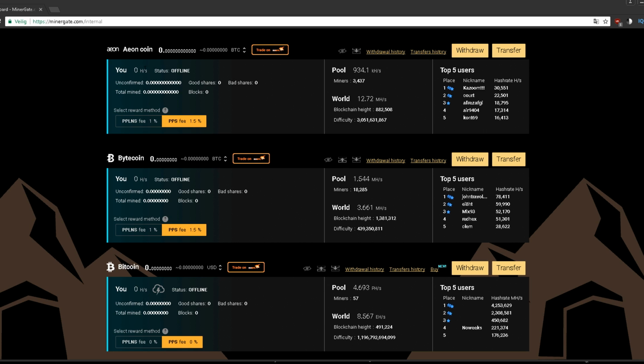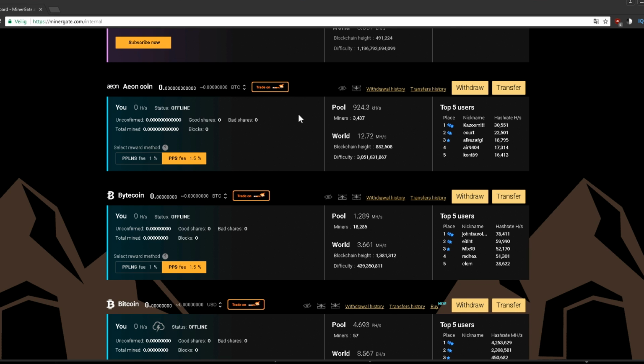So it's important to keep an eye on this and to see if this is correct and balanced with the hash rate in your console miners or your GUI miners. It will also show your workers, so how many workers you have active if you're mining. And also this will change to online if you're mining.